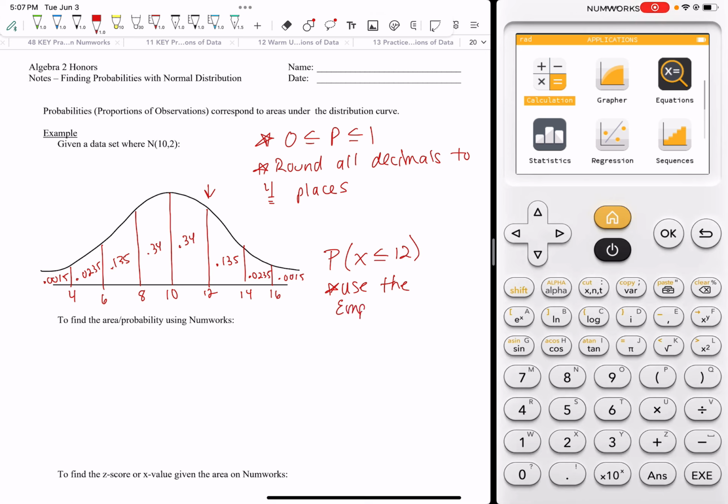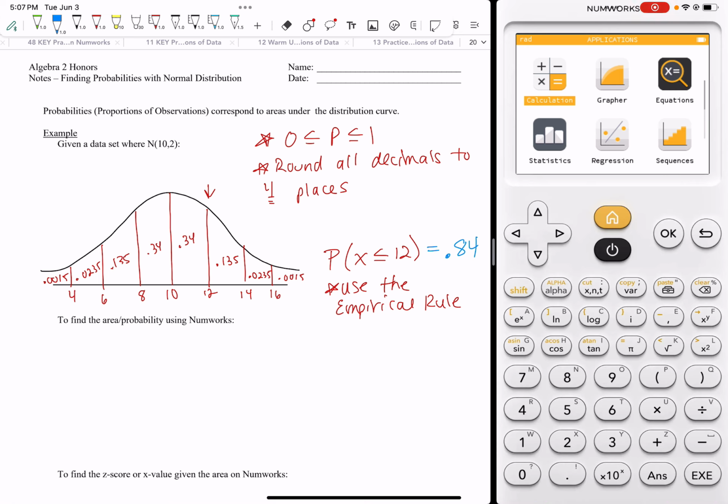So use the empirical rule since it's on a perfect standard deviation. So if we look at that, when x is less than or equal to 12, you can add up all those probabilities along the way there, and we are going to get, right, 0.84. So I'm not rounding here because that's what I'm going to get, right, the 0.84.